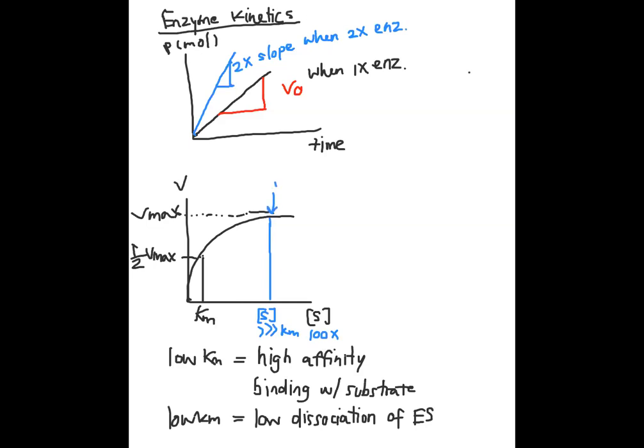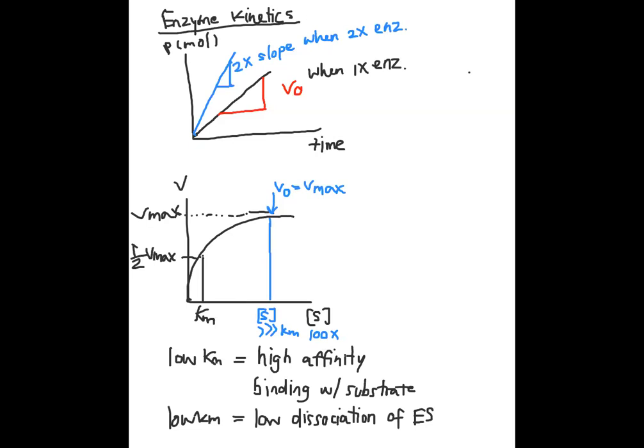So just keep in mind that when the concentration of substrate equals Km, you have the velocity equal to half Vmax, but if the concentration of substrate is more than 100 times Km, the velocity would equal Vmax.